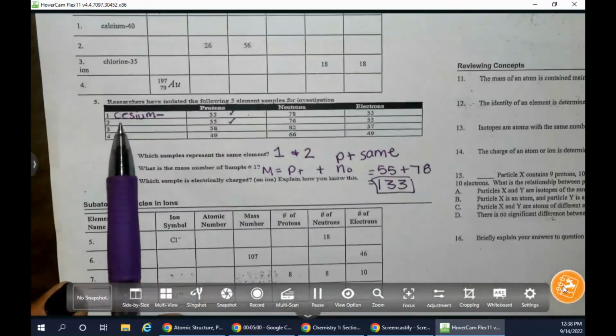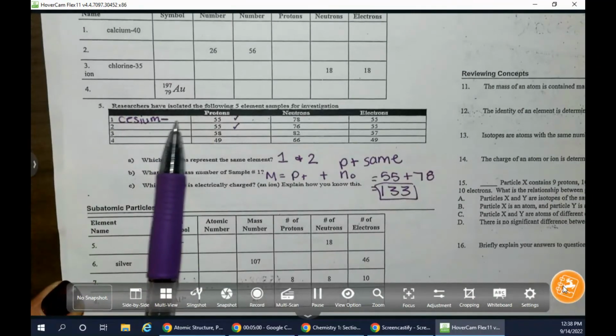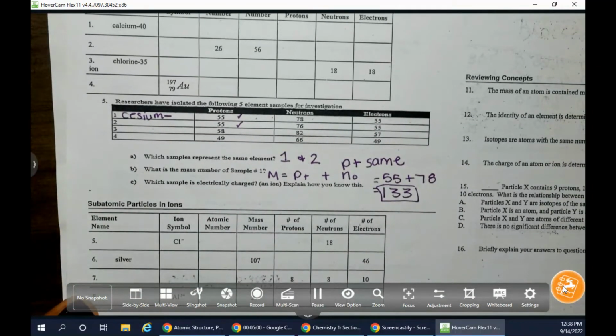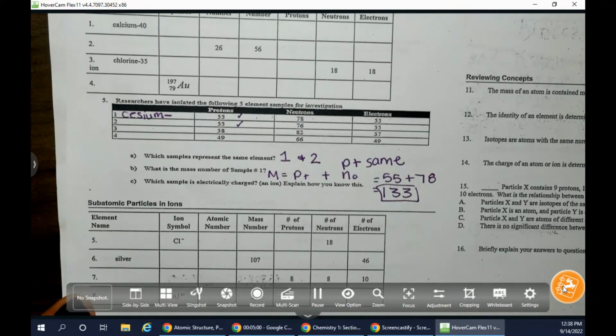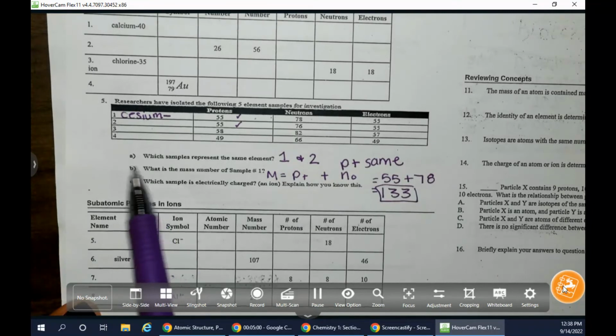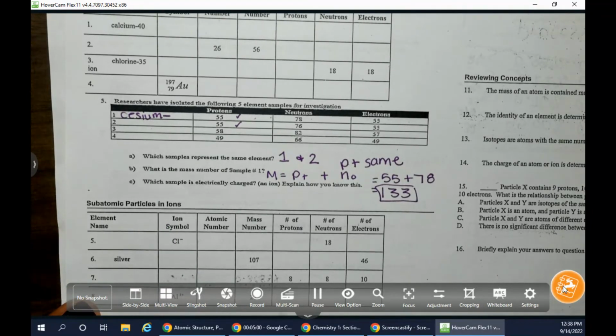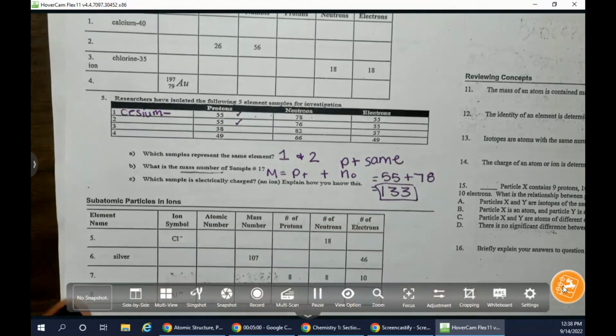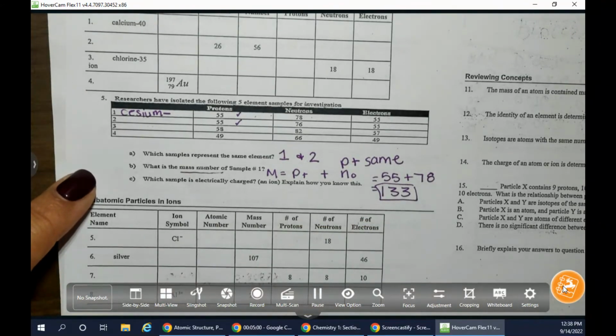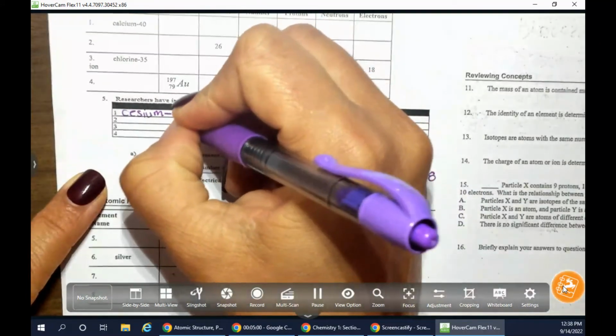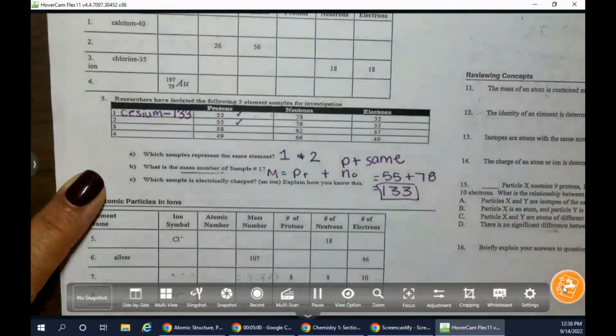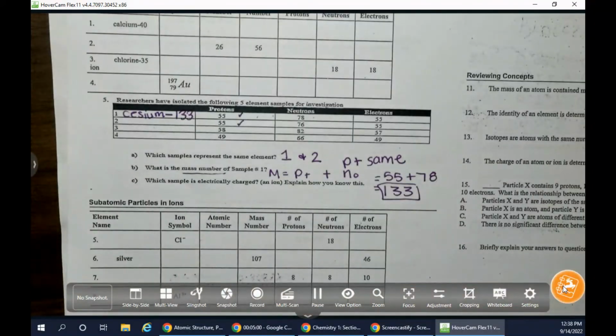That was the name. What am I going to put here? What did we just solve for in letter B? Well, the mass number. Isn't that the part that should go there? So it should be 133. Okay, so 133. So we have cesium 133.